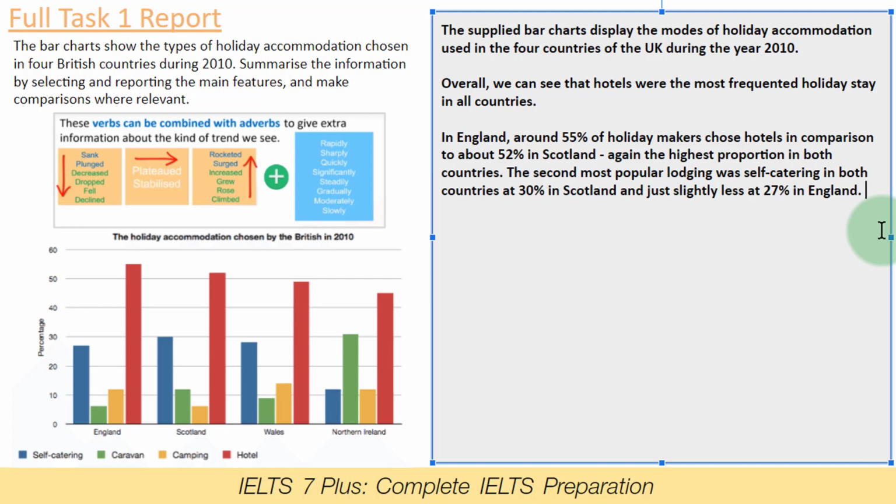So we could say these figures plunged. We probably don't want to say moderately. We're not going to say speed because speed is over time. We need an adverb of amount. Significantly, I think, would make sense: significantly for both caravan and camping holidays in both countries.